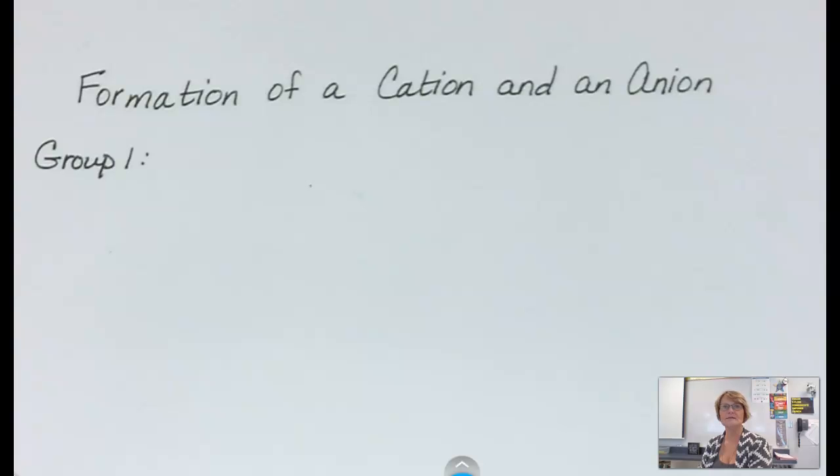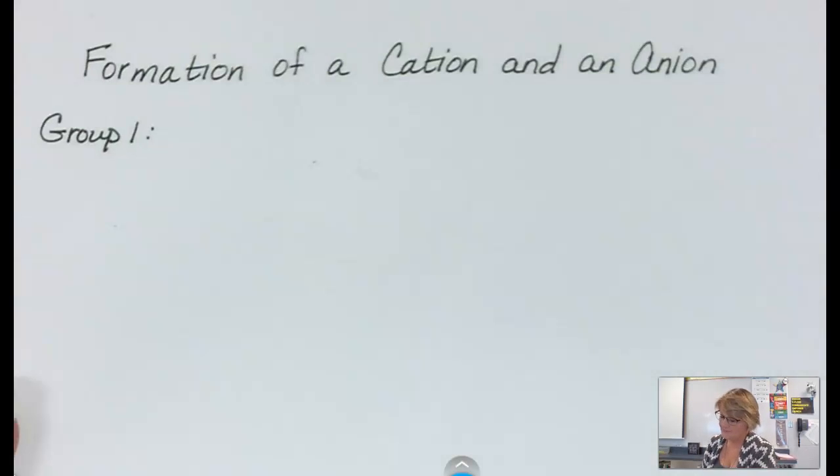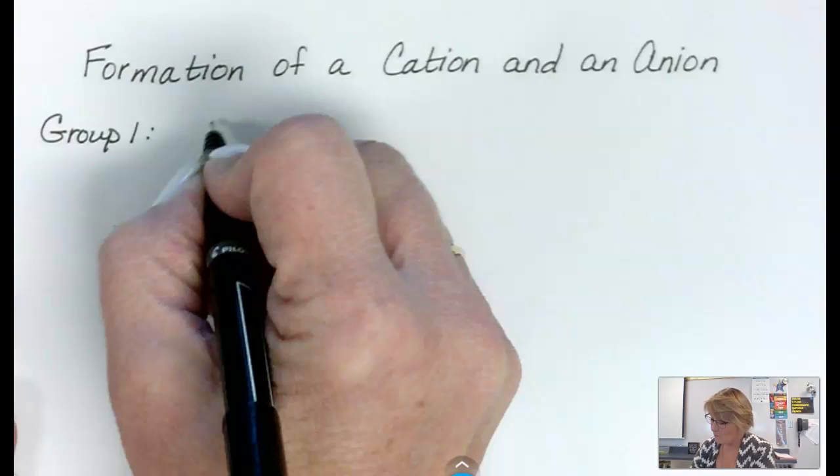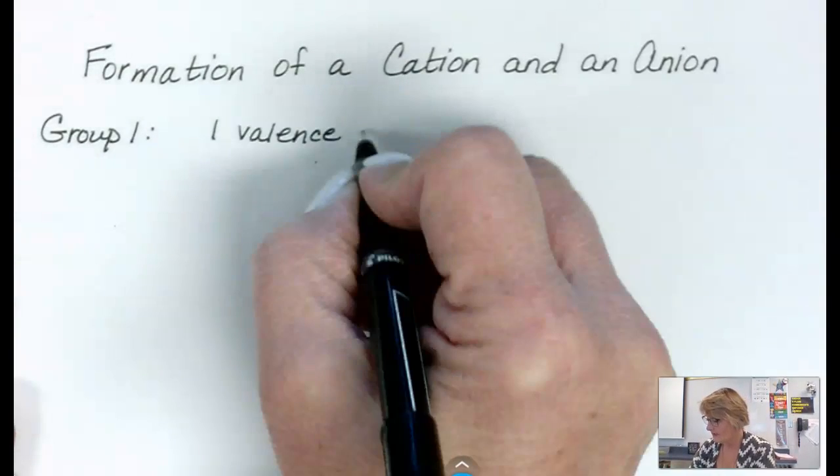What we're going to be talking about today is the formation of a cation and an anion. And so we're really going to start with group one. If you'll remember, in group one we talked about how they have one valence electron.